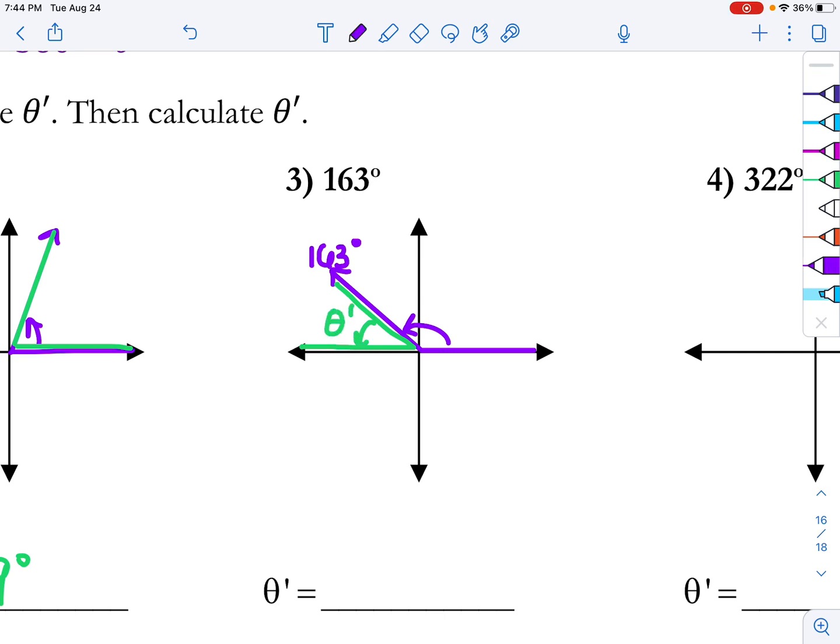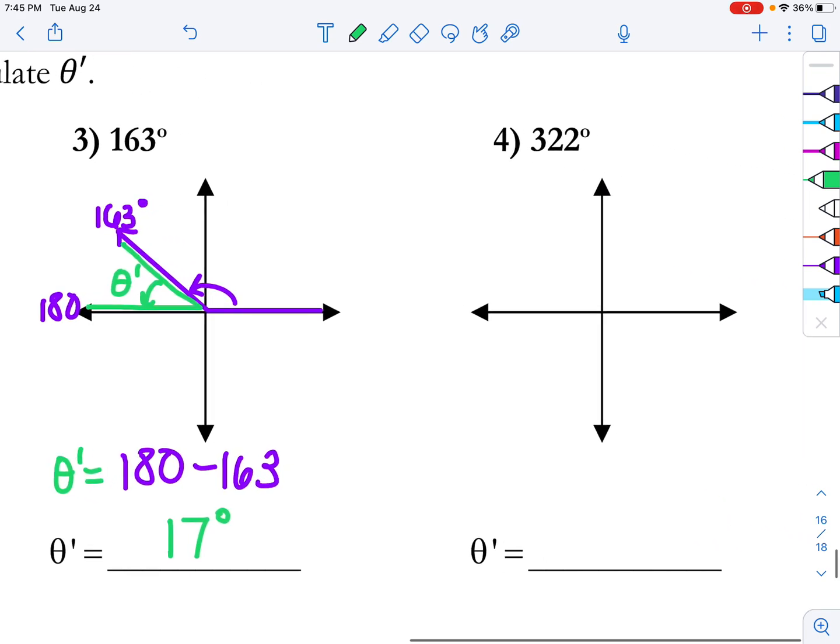The nearest x-axis is 180 degrees, so the reference angle is the difference between the two. We're going to subtract 180 minus 163, always doing the bigger angle minus the smaller angle. 180 minus 163 is 17 degrees. So the reference angle is 17.